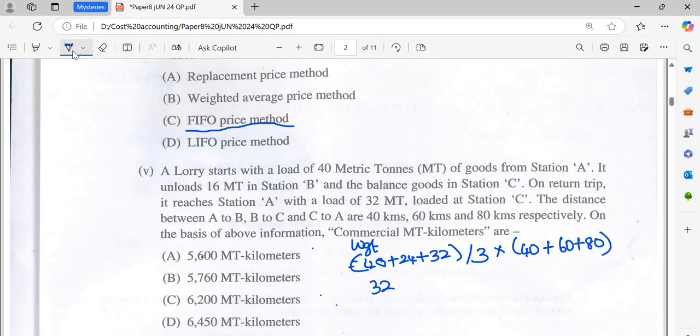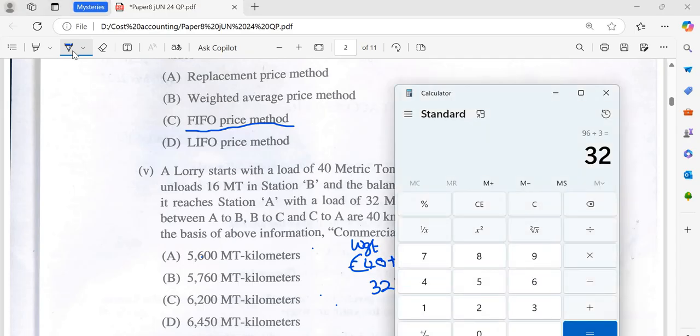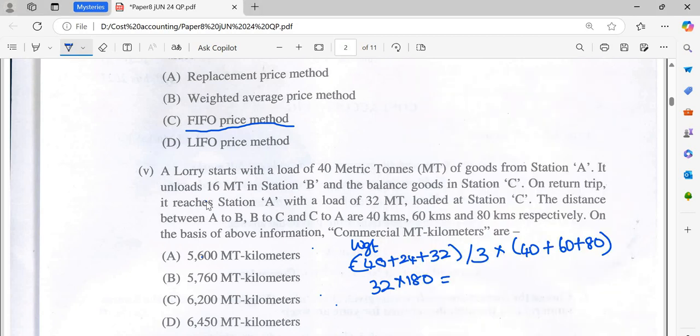So I am adding all three: 40 plus 60, 100 plus 80, 180. So 32 into 180, I will be getting 5760 MT-kilometers. So option B is the right answer.